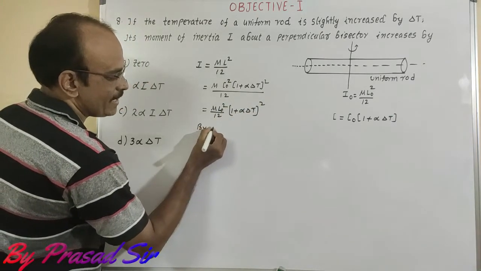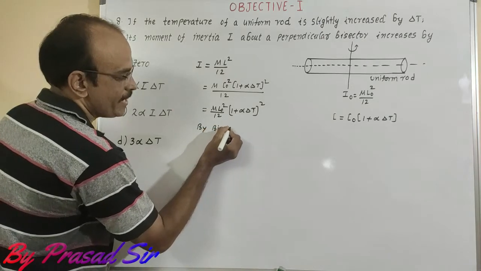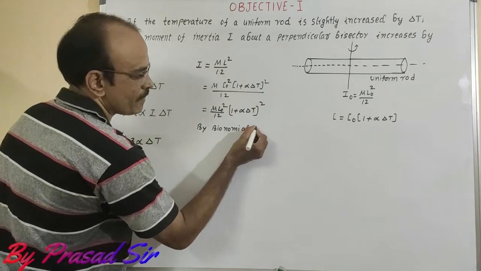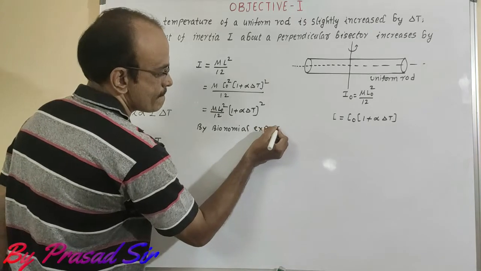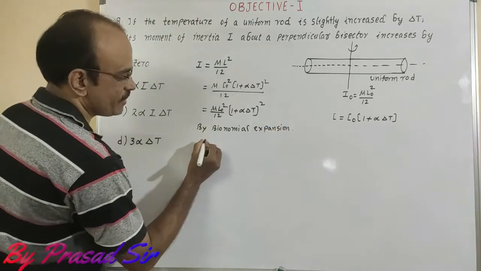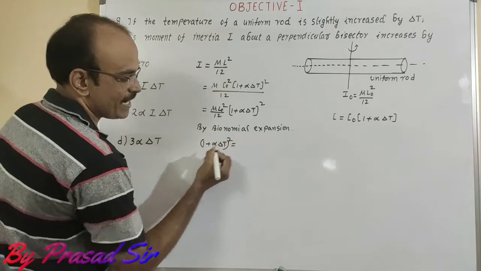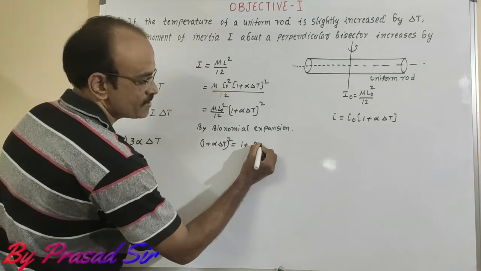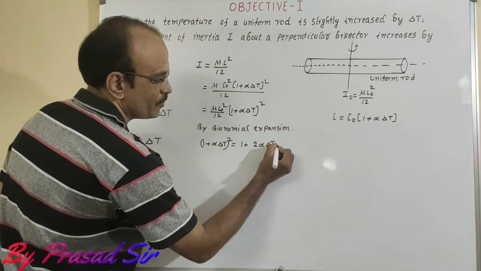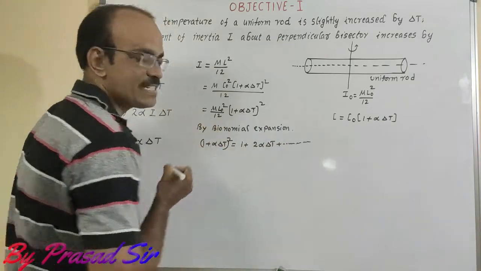So here, by binomial expansion, 1 plus alpha into delta T whole square can be written as 1 plus 2 into alpha into delta T plus higher terms.